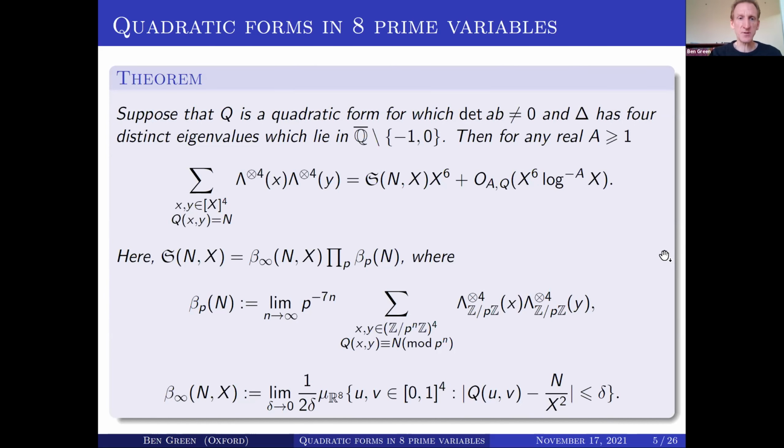But if you don't want to engage with the details, yes? Oh, sorry, Ben. Were the beta p's going to be the same limit as if you didn't impose the coprime condition, and you just weighted them with 1? No, I mean, this definitely will have some effect here.